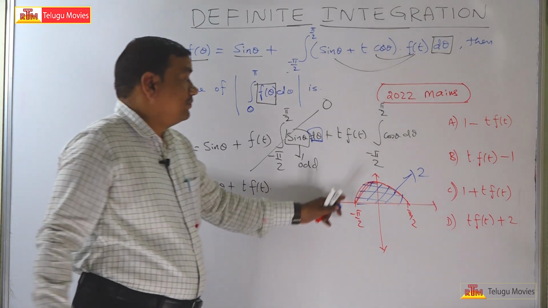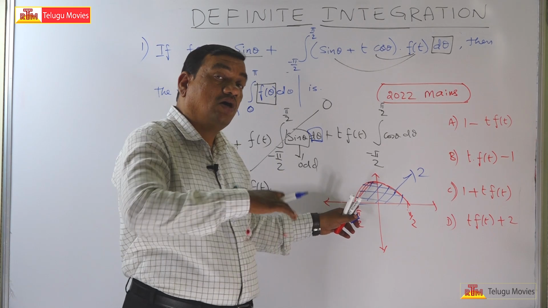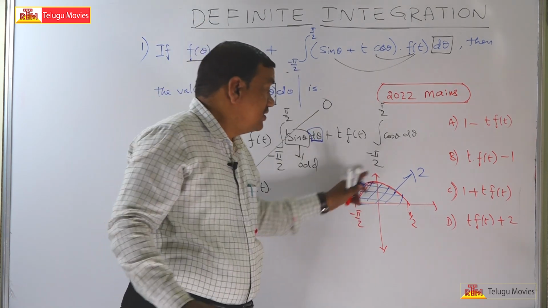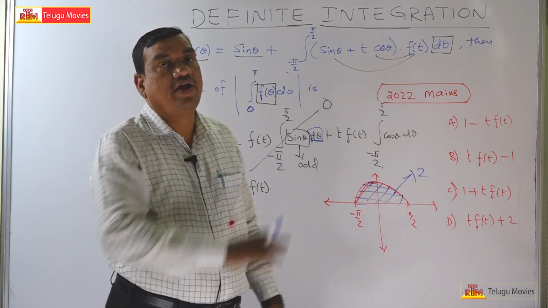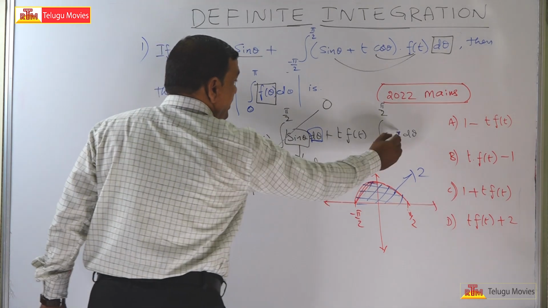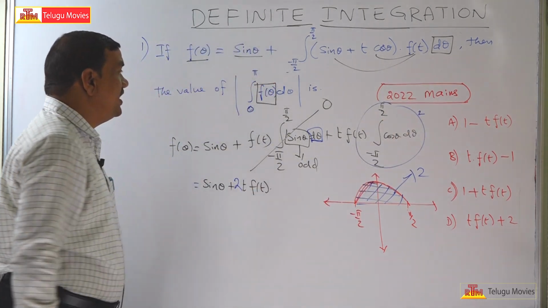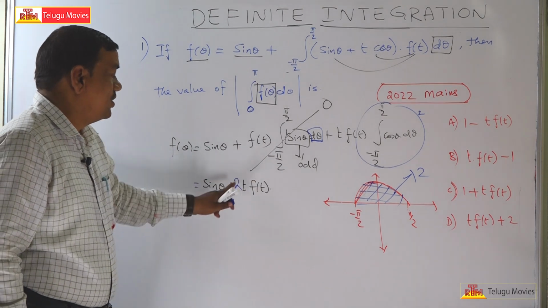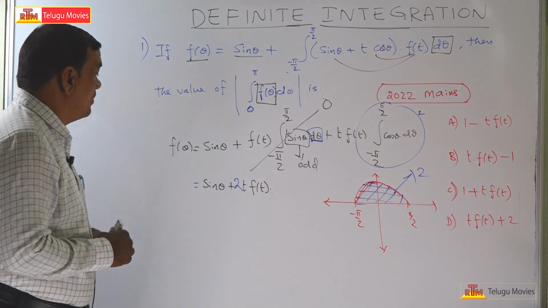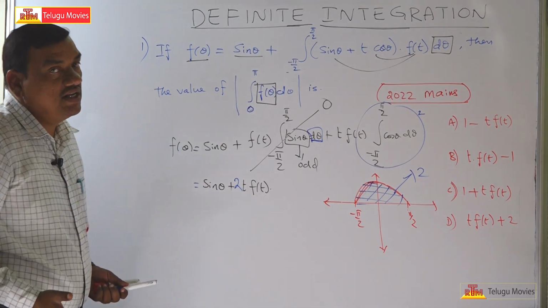The top, you can call it a hill or a cap, this cap area is 2 square units. Therefore, t into this value is 2, so we get 2t f of t. Now, coming to our problem, in f of t, substitute this value and we will get the answer.